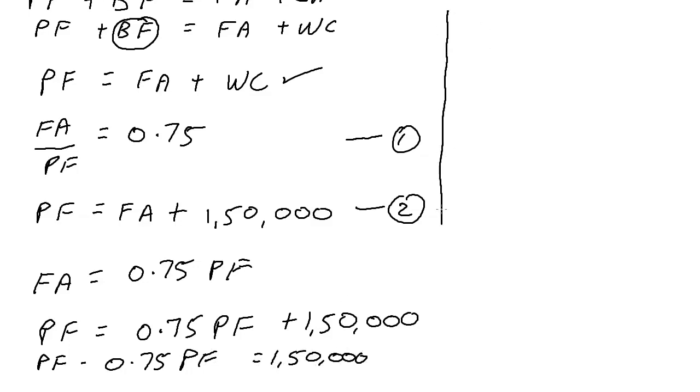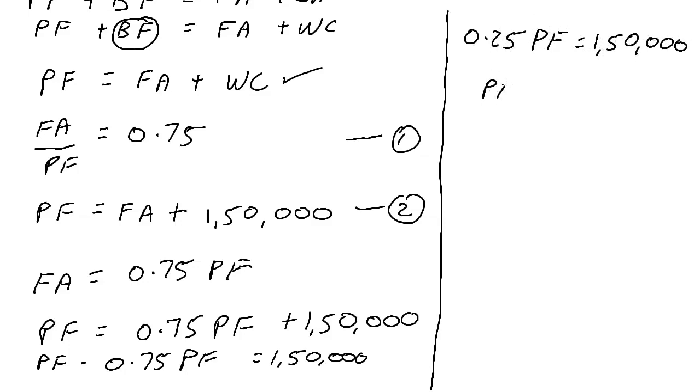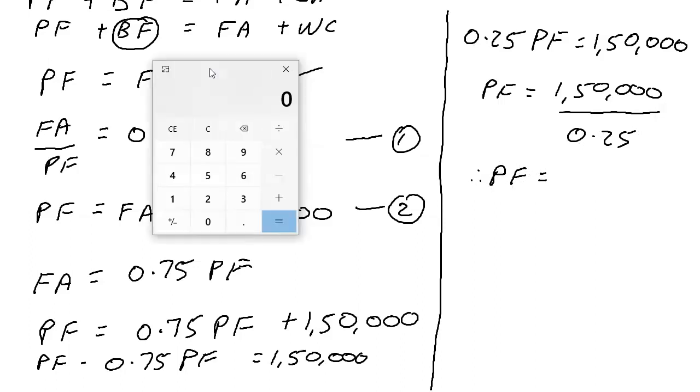We have 0.25 proprietor's fund is equal to 1,50,000. So proprietor's fund is equal to 1,50,000 upon 0.25. So that's 6 lakhs.